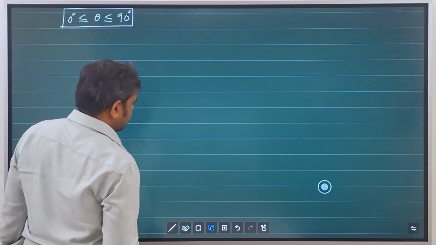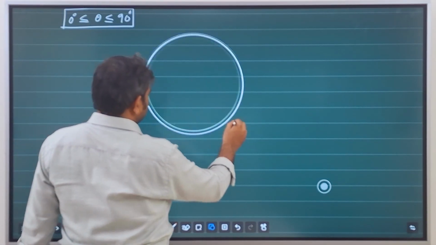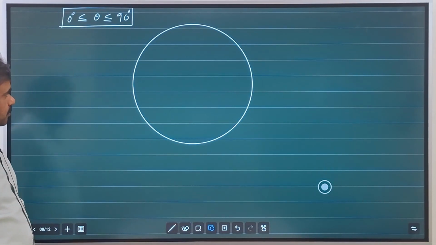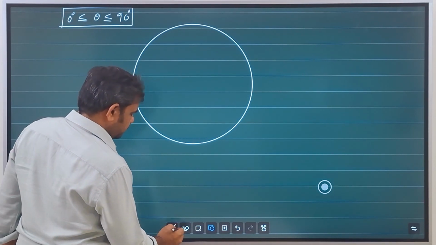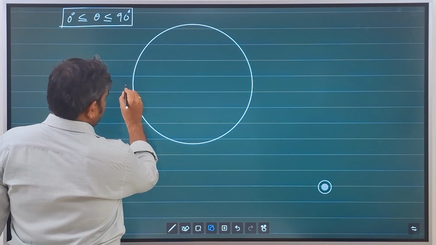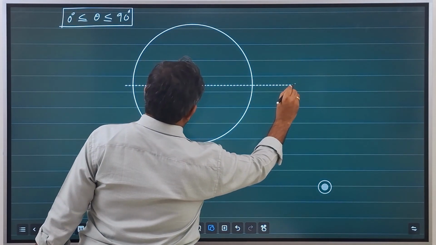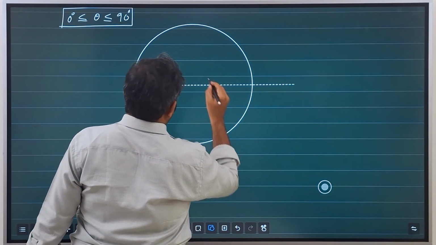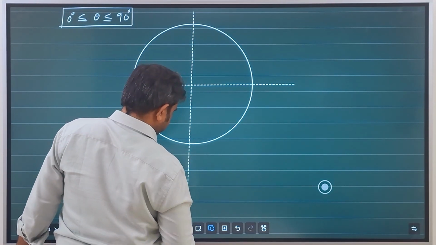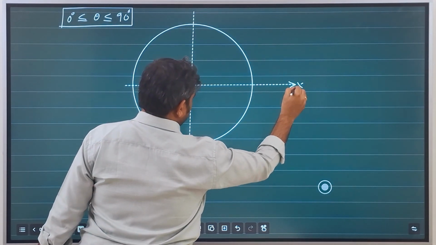If you look at a circle here, let me draw a circle. Look at this circle. On this circle, let's show the two axes here, x-axis and y-axis, passing through the center of the circle.